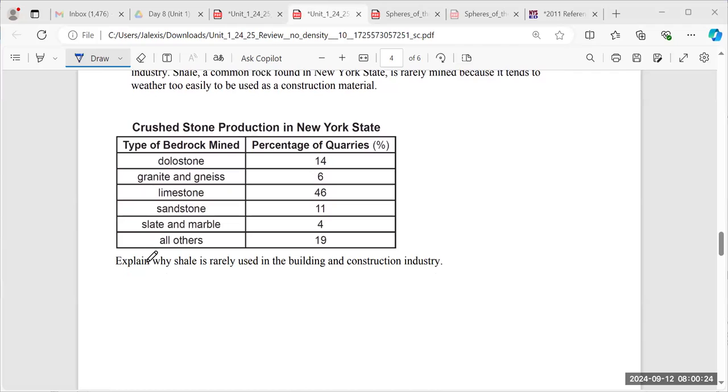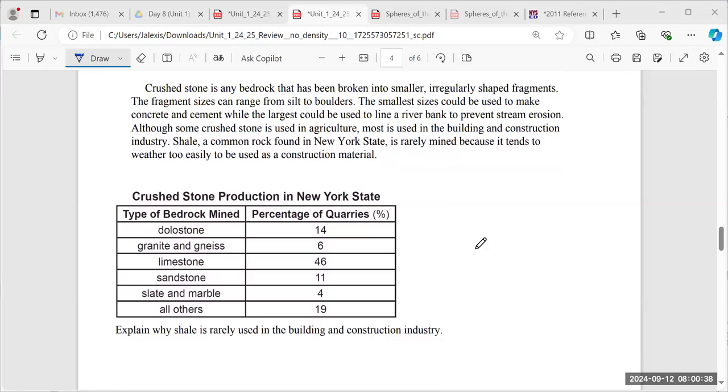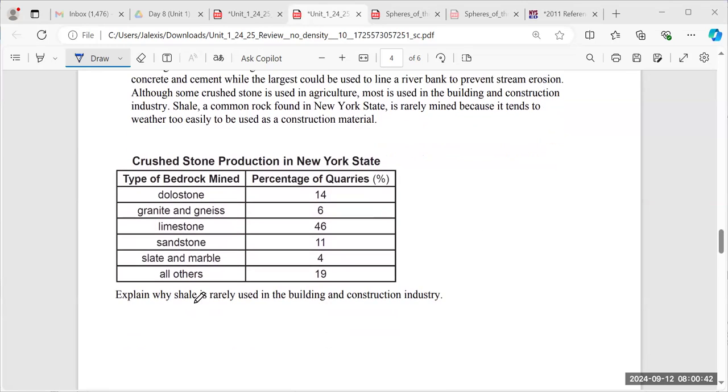It says, explain why shale is rarely used in the building and construction industry. So when I get a reading question, I'm going to read and see what information I can pull from the passage that's going to explain why shale is rarely used in the building and construction industry.